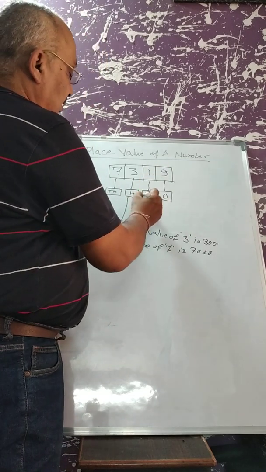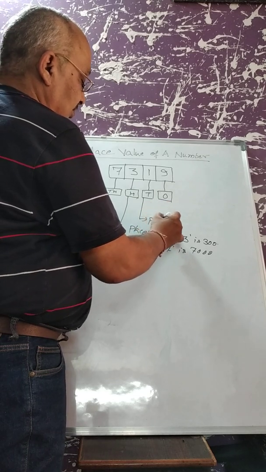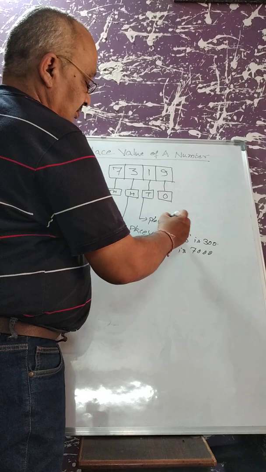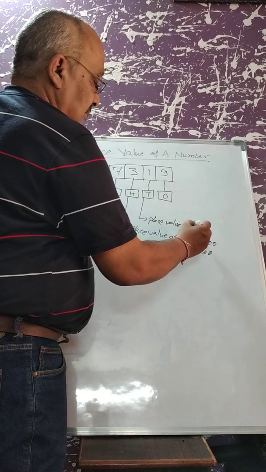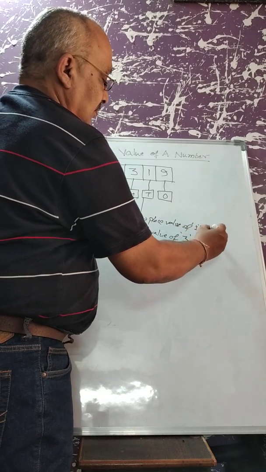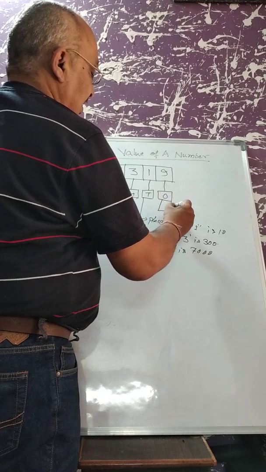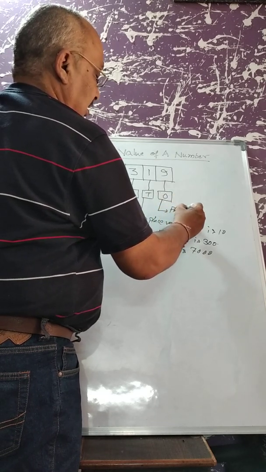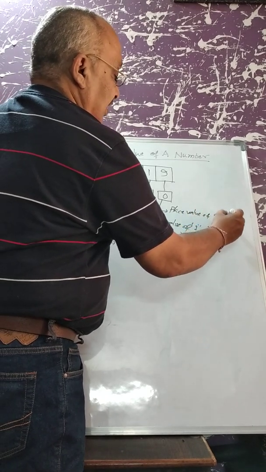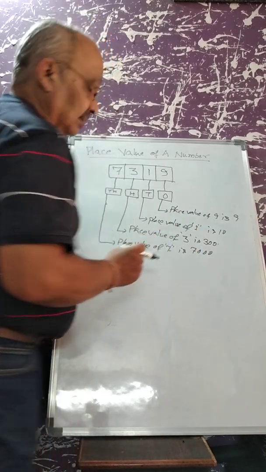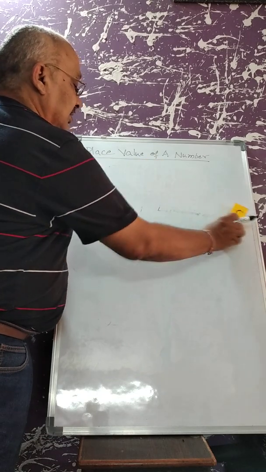Now the place value of 1 is 10, because it is at the place of 10. Place value of 9 again is 9. Okay, so I hope it is clear to you, isn't it? Let us see another example.